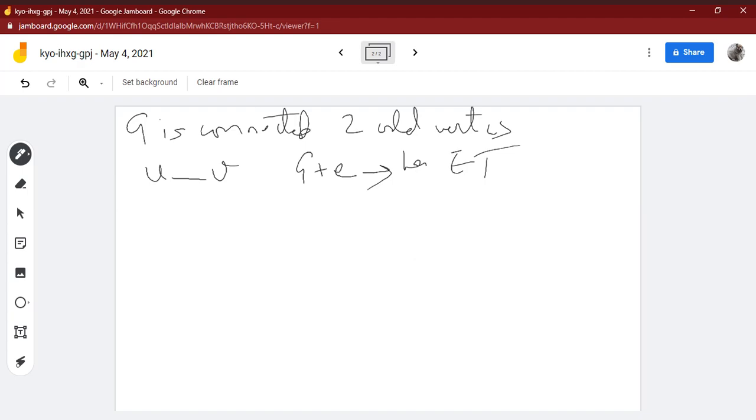Is that clear? Let us suppose that the Euler tour is C equals v0, e1, v1, e2, dot dot dot, en, vn. You will get an Euler tour in this fashion, and it involves each and every edge of G plus e exactly once. This was the definition of an Euler tour.